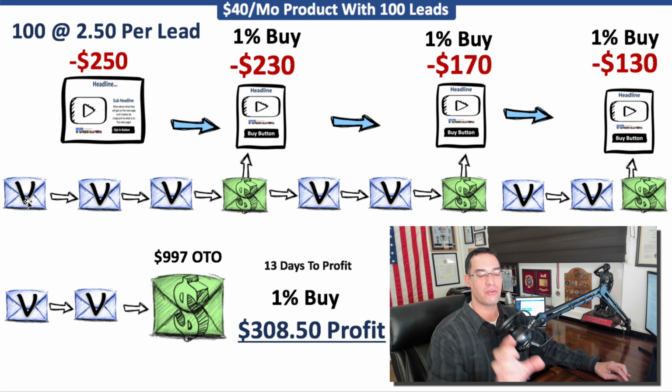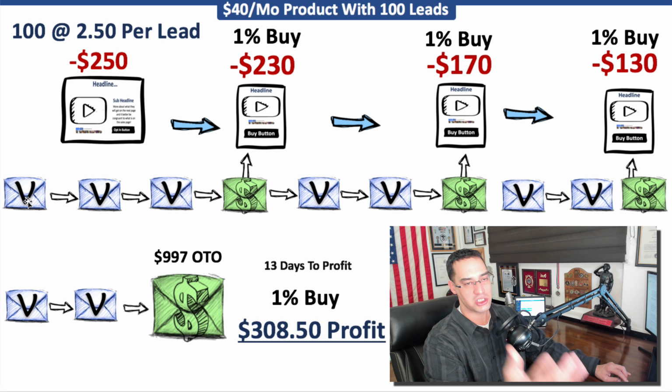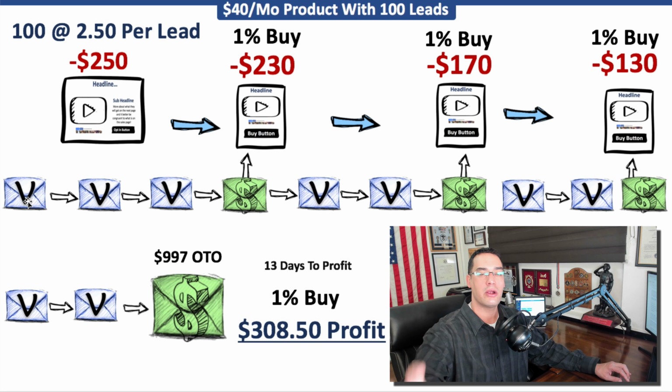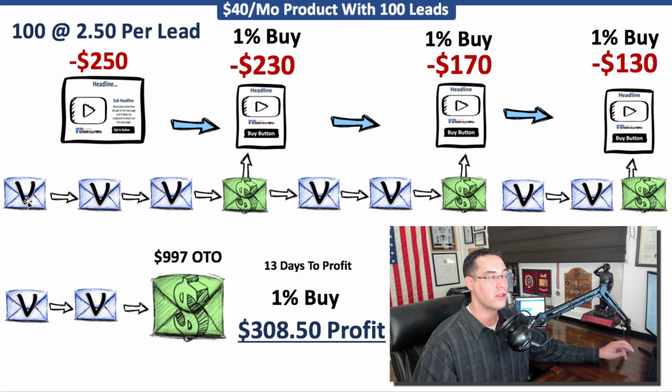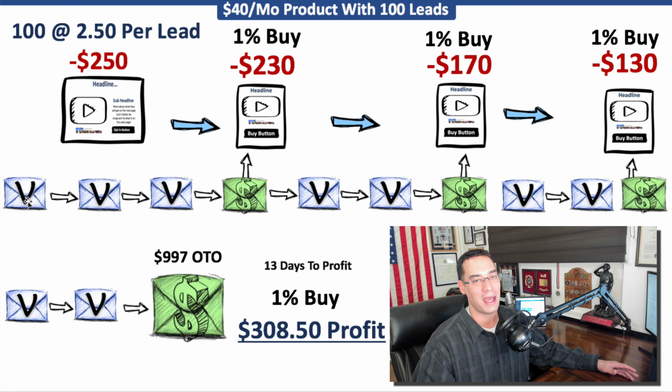Now you're taking them from email over to a page. They're consuming your content, they're watching you, you're helping them. And you're teaching them that when I send you an email, it's really valuable. It's not just a link to go buy something, guys. When I send you an email, it's going to teach you something that you didn't know yesterday. So definitely open up my emails.